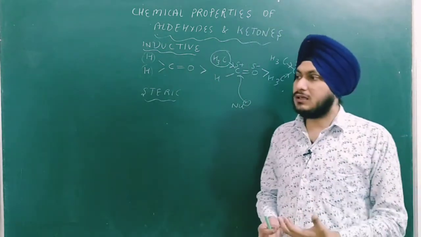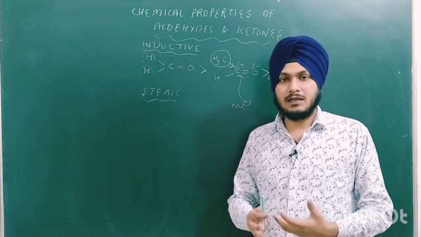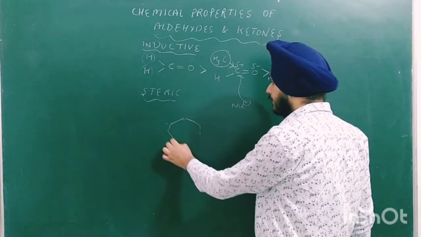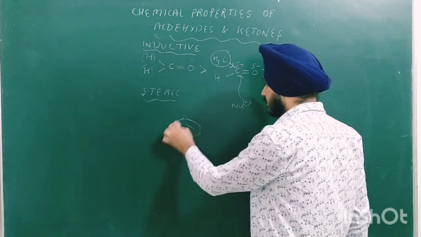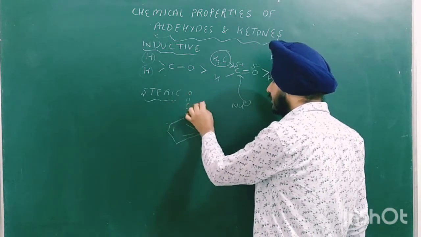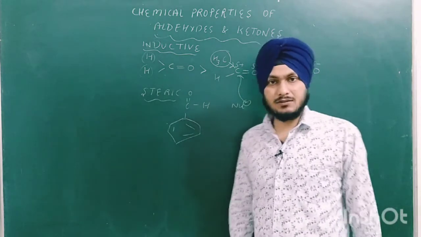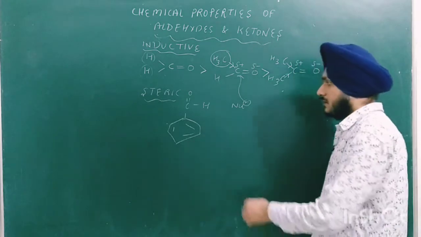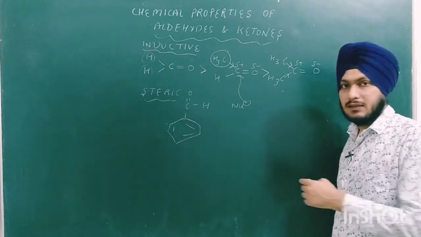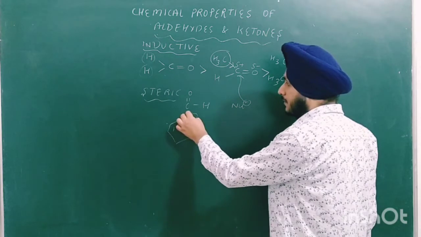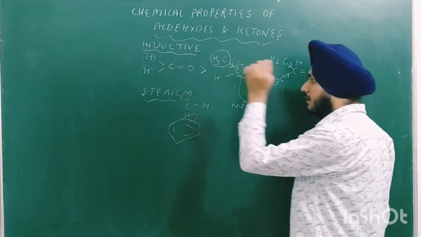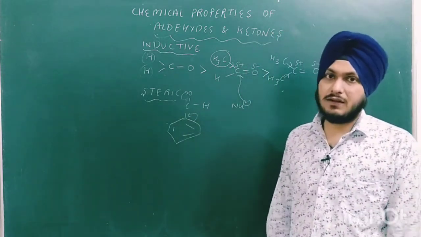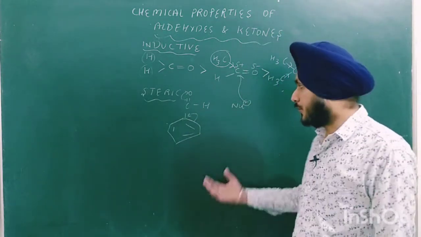Now, if we talk about the aromatic system, for example benzaldehyde, these groups are minus I minus R because they will attract the electrons from the benzene like this. If they attract this, then the ease will decrease, again due to resonance.